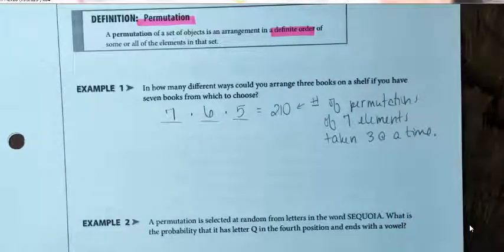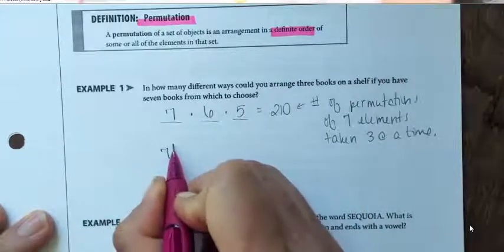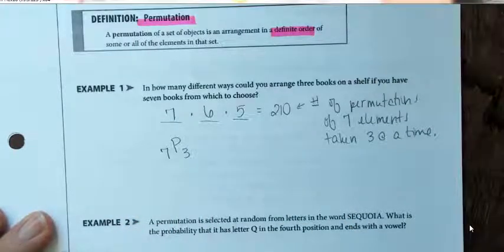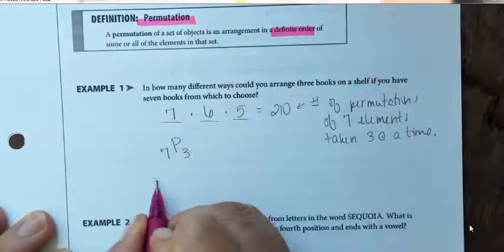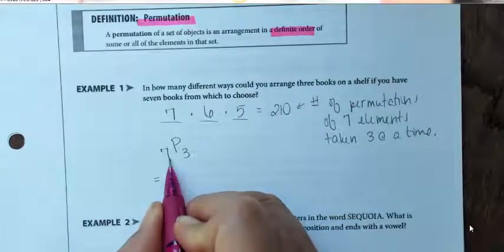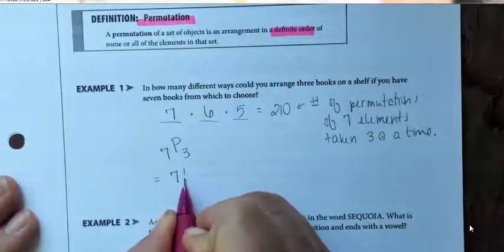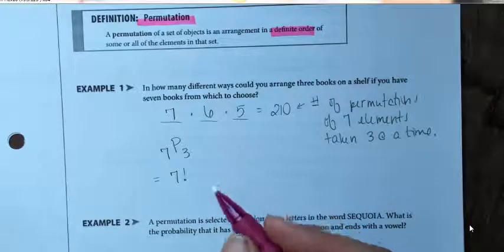Well, there's another way to do this. This is really 7 permutation 3. So this is an example of this right here. I have 7 elements, and I take 3 of them at a time in a definite order. Order matters here. So anytime you see something like this, basically what you do is you take the number of elements that you have, which is 7 in this situation, 7 factorial, maybe you remember factorial, 7 times 6 times 5 times 4 times 3, and so on.